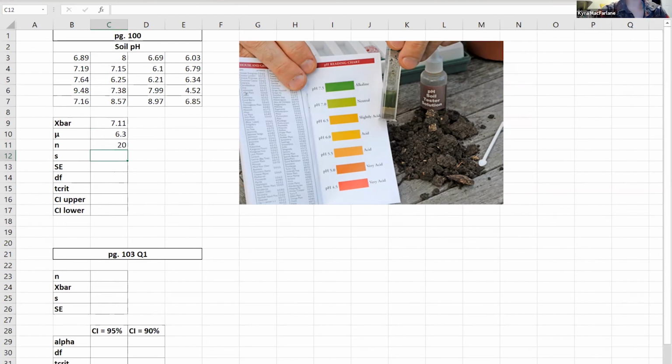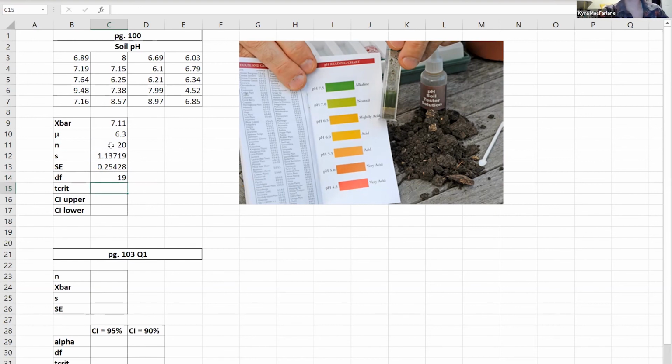And our standard deviation, we can calculate using the STDEV.S function, because this is a sample of the population. Our standard error is equal to our standard deviation divided by the square root of our sample size. Our degrees of freedom is equal to our sample size minus 1.